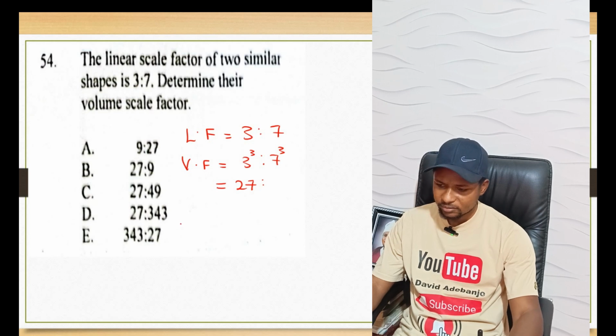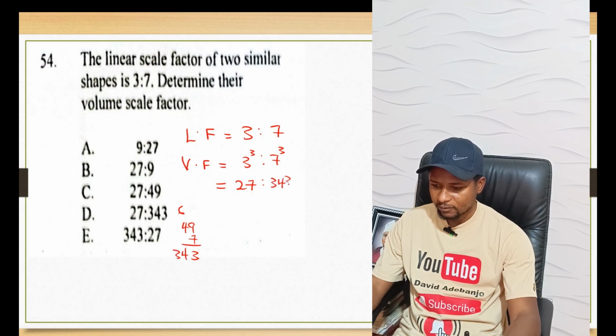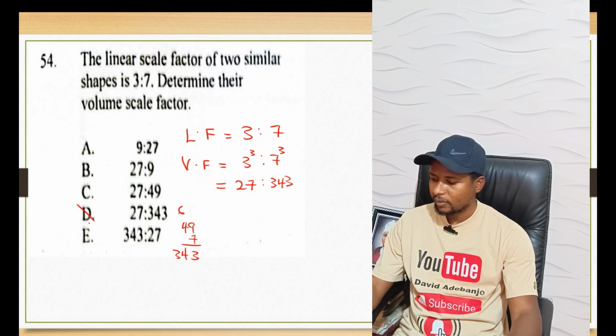And 7 times 7 is 49. 49 times 7: 7 times 9 is 63, carry 6, 28, 28 plus 6 is 34. So you have 343. So your answer is option D. Don't fall into the trap of E, they switch it around.